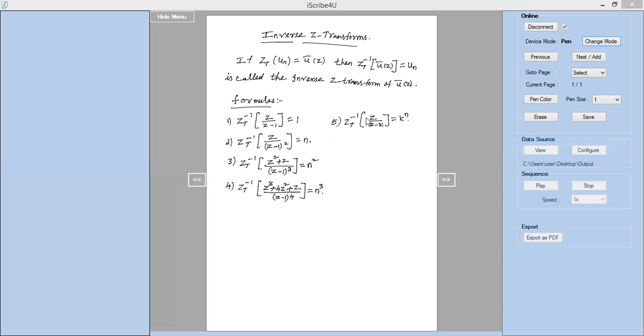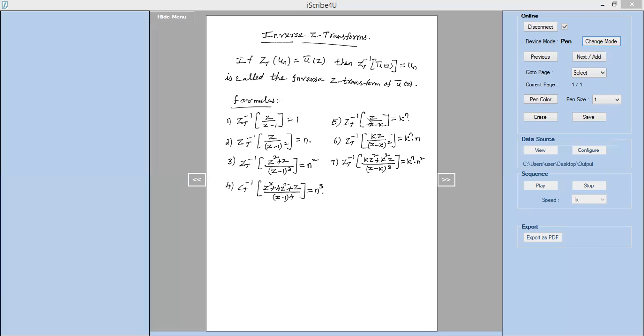Next, Z inverse of kz divided by z minus k whole square equals k power n into n. Next, Z inverse of kz square plus k square z divided by z minus k whole cube equals k power n into n square.